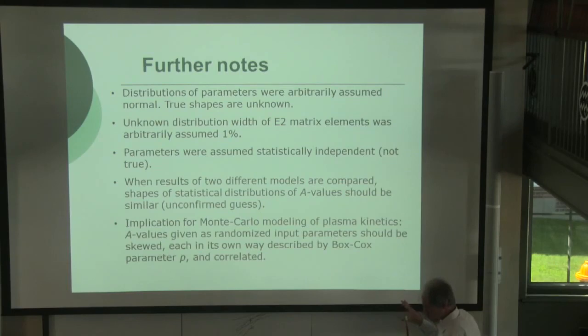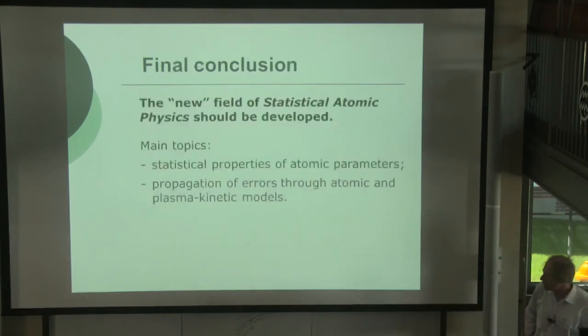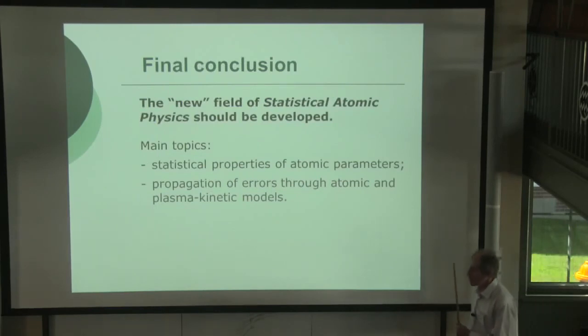They should be skewed, and you should know how to do that, how to skew them properly. So I guess that's all. And this whole thing was published recently in the new journal ATAMP, where James Babb is the chief editor. So you can read more there.